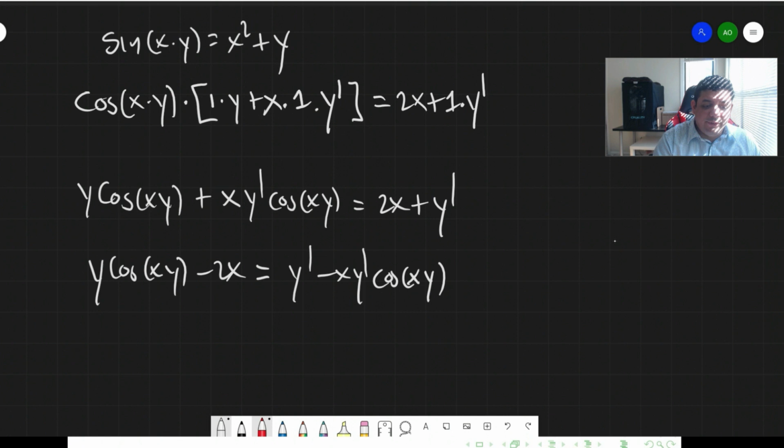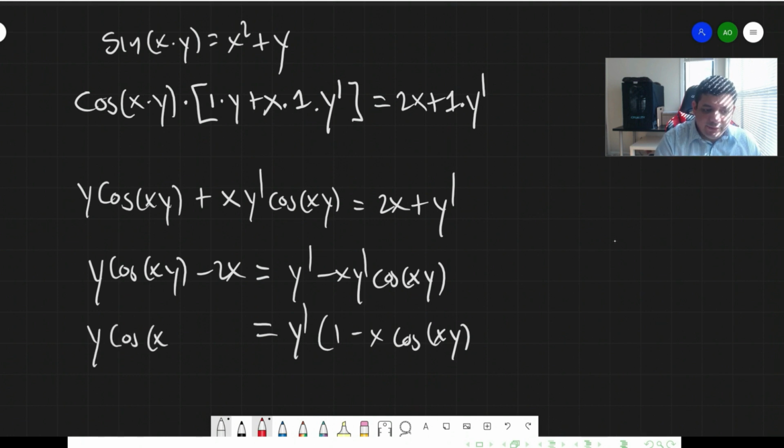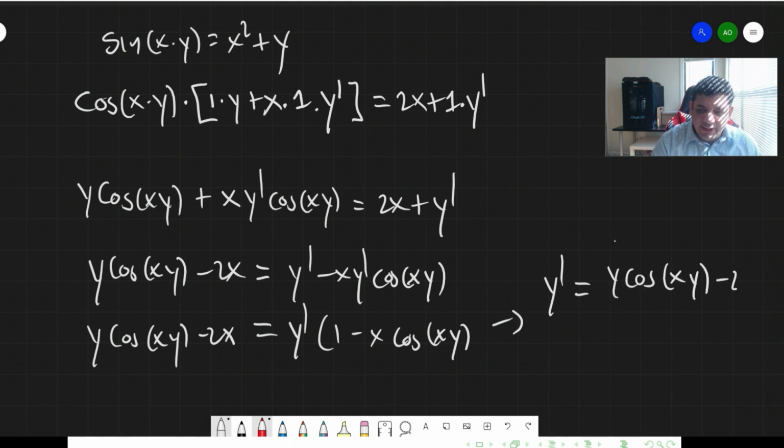And now at this point we factor y prime, and that's going to allow us to finally find what y prime is. Notice again that y prime is something that is going to be in terms of y and x.